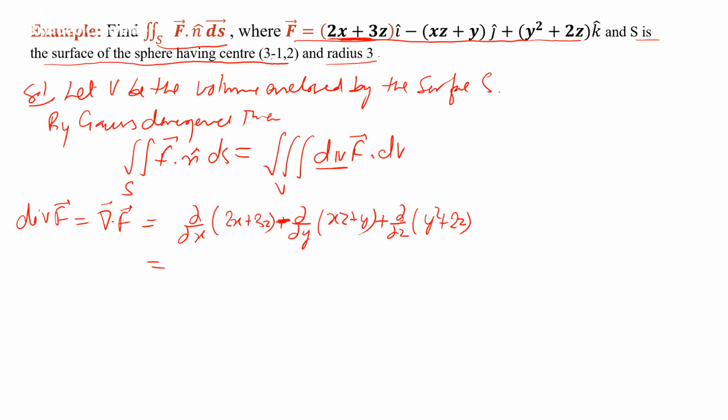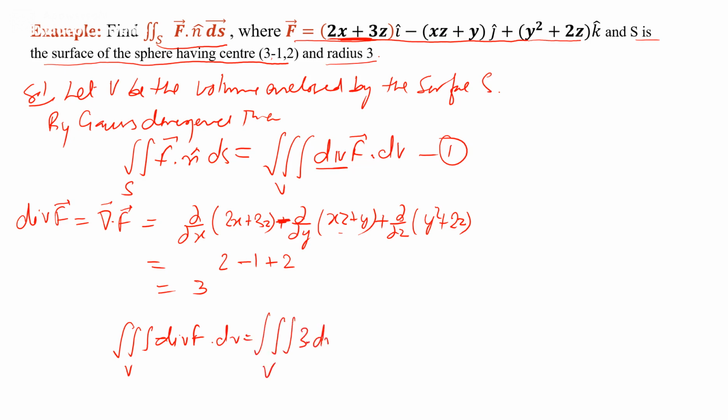Now take the derivative here. So we get 2 minus 1 plus 2, so we get 3. So from the first, the value of that triple integral of divergence of f dv is the triple integral of 3 dv, and this is the volume, so we write 3V.